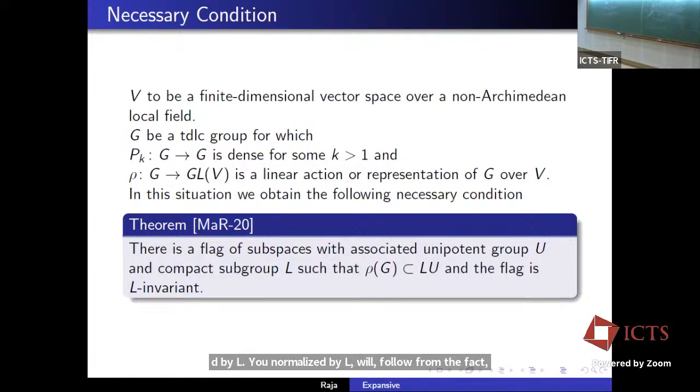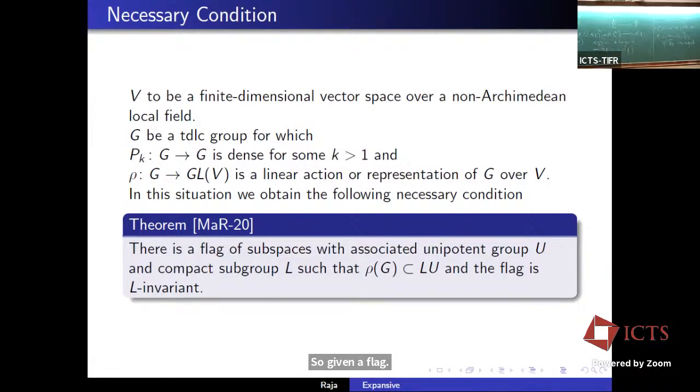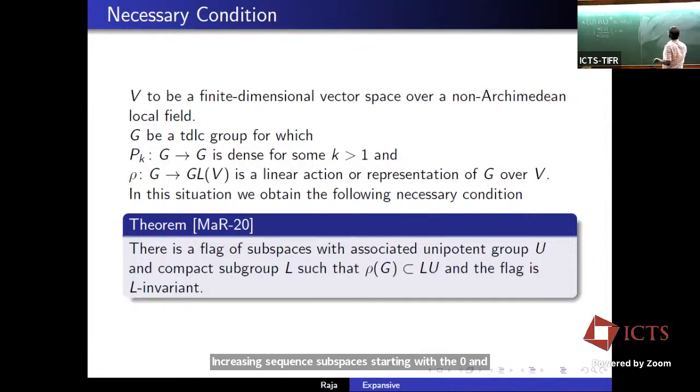So given a flag, you can associate a unipotent group to it. We have a flag like this: an increasing sequence of subspaces, starting with 0 and ending at the whole vector space. Then you can define the associated unipotent group. These are linear transformations in GLV.